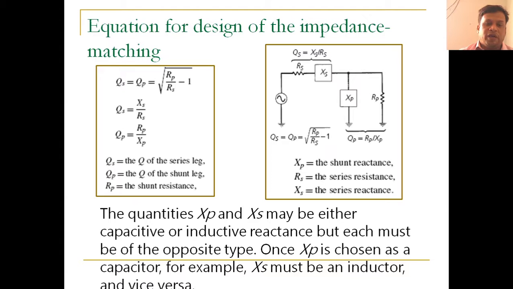The quantities Xp and Xs may be either capacitive or inductive reactance, but each must be of the opposite type. Once Xp is chosen as a capacitor, for example, Xs must be an inductor and vice versa.